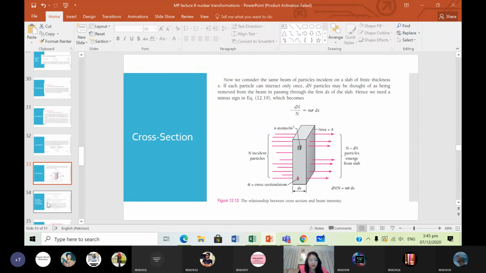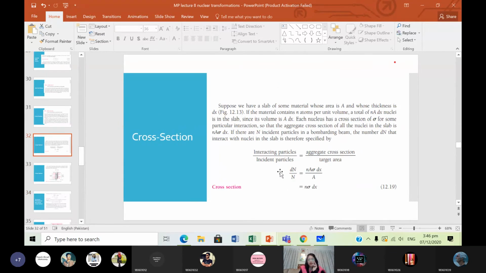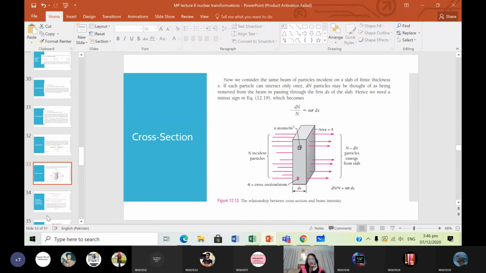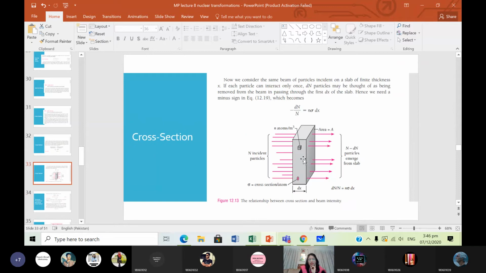So now we will denote the initial number of incident particles by N naught. We take this equation and take the integration on both sides of this equation. We integrate from N naught, which is the initial number of incident particles, to N, which is the number of surviving particles, the ones that pass through the slab.